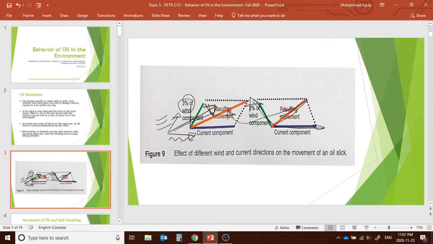So as you can see, it didn't vary much. Why? Because if the wind is less than 10 kilometer per hour, in that case the velocity will be much higher.